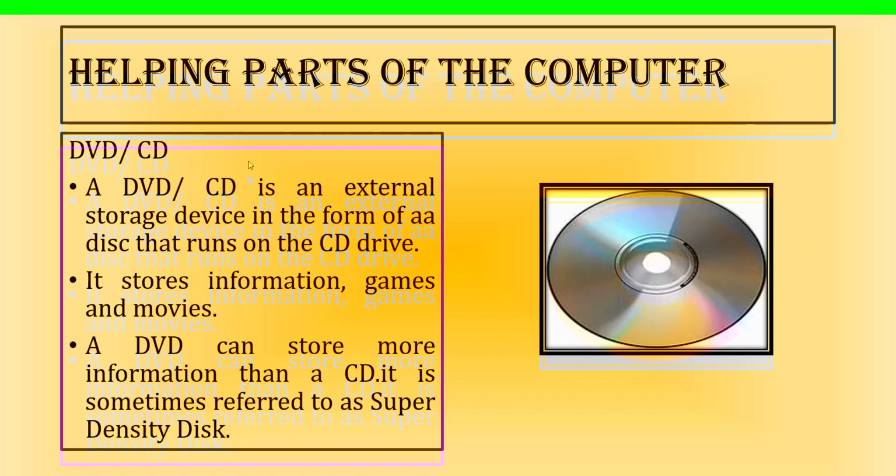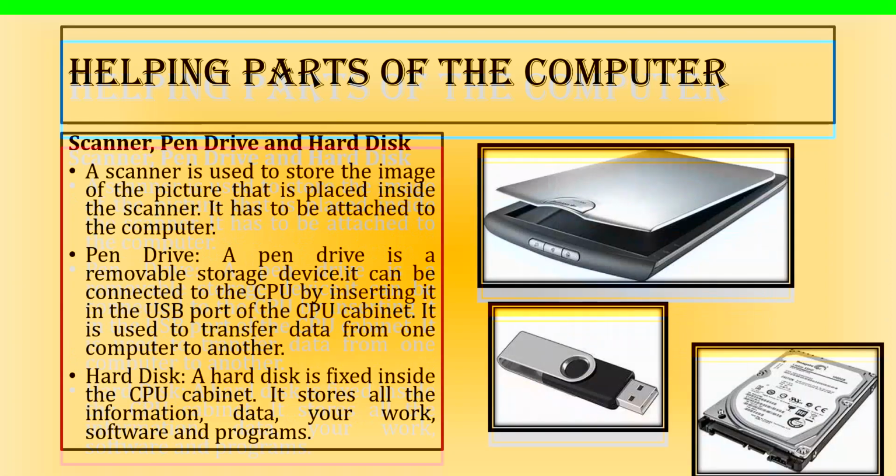The DVD and CD player is the external storage device in the form of a disk. And here are the scanner, pen drive and hard disk. These are a number of helping parts of the computer.